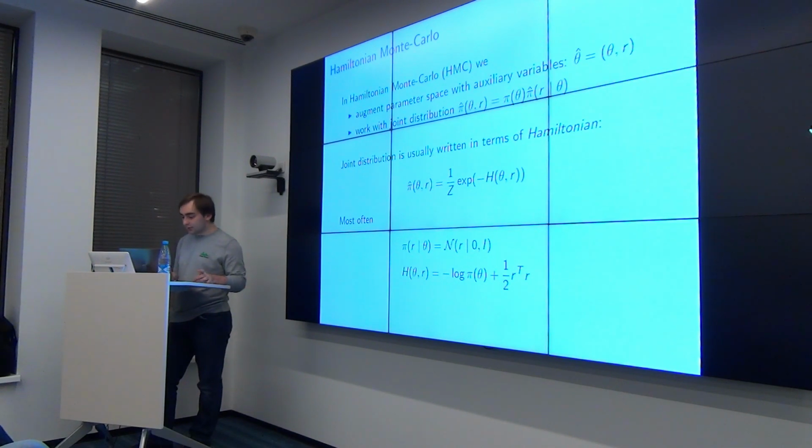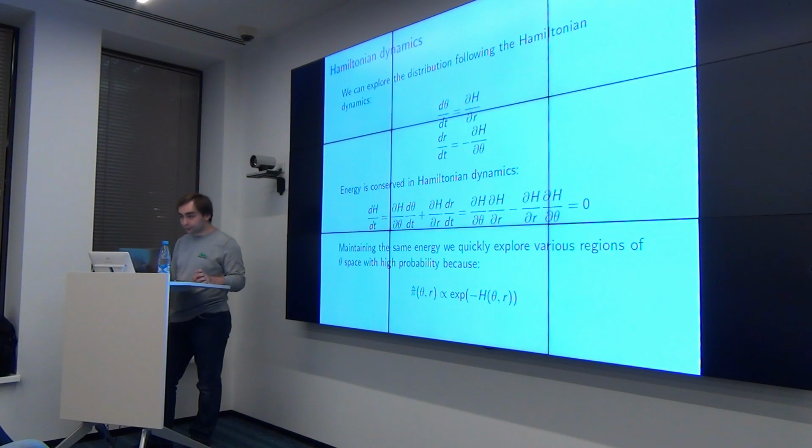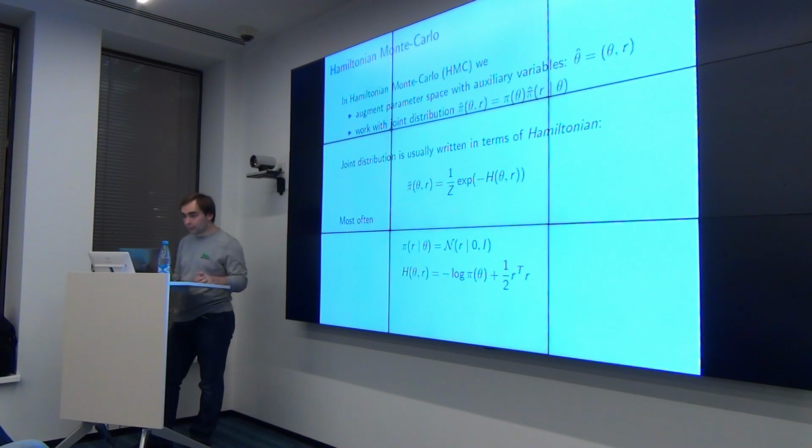Usually we take just a standard normal, or maybe we can precondition it. However, the Hamiltonian most often looks like this. Okay. So the joint distribution is factorized, right?